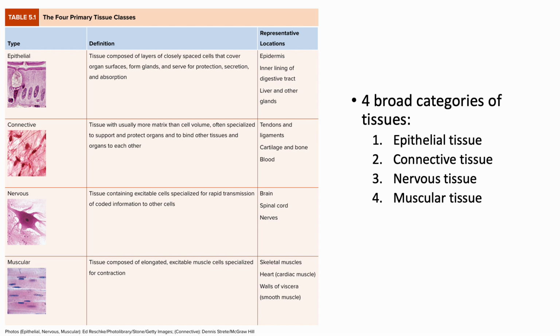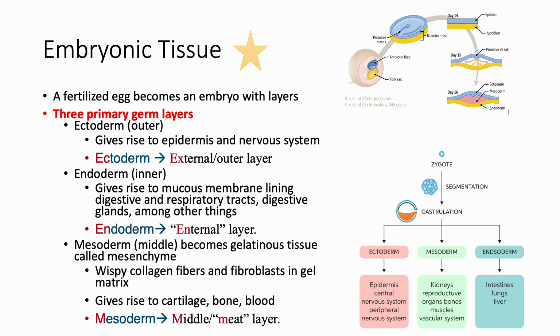So whenever you see an image going forward, it's going to be one of these four tissue types. Before we do that, we're going to do a little bit of embryology. At some point in time, we were made up of three primary germ layers. The three primary germ layers give rise to an entire organism.